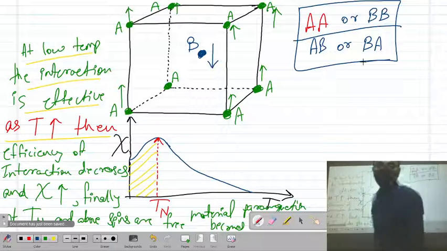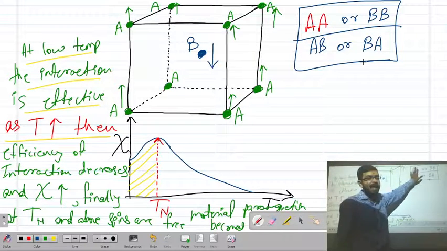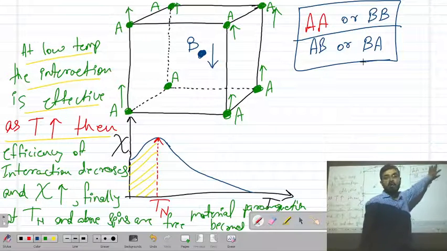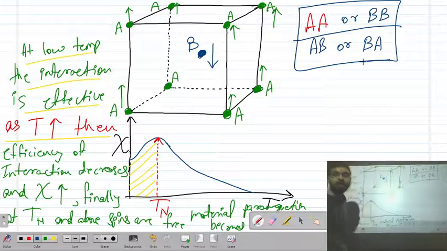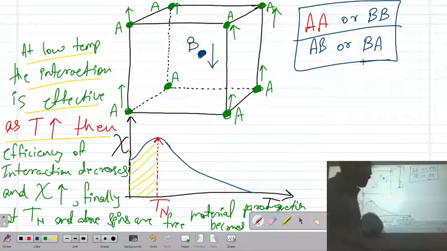You will have AA, BB, or AB or BA type of interactions. That is nothing but the interaction between two magnetic dipoles, right?